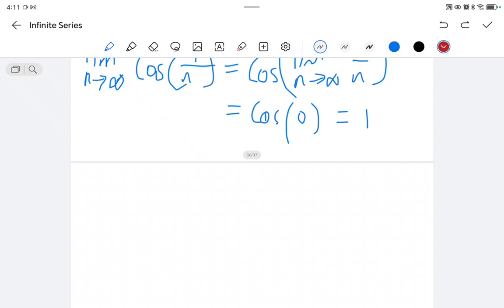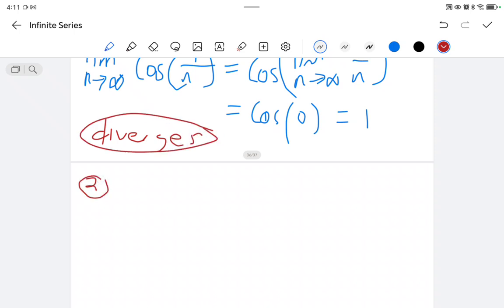Then number 2, I have the summation of minus 1 to the n plus 1 times sine of 1 over n.